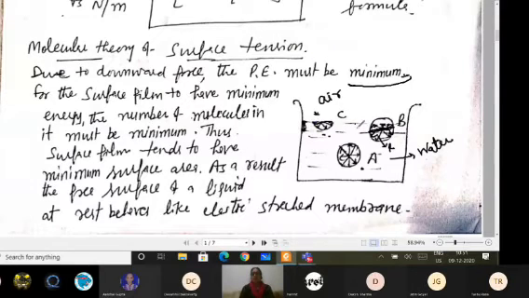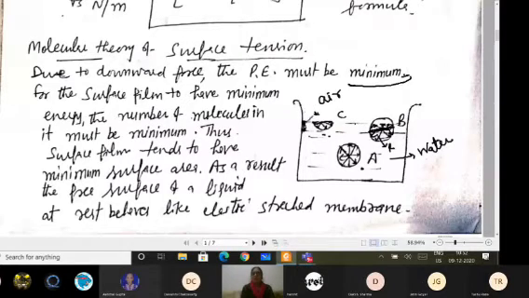And to have fewer molecules on the upper surface, it should have of course minimum area, and when it is minimum area, then of course it behaves like a stretched elastic membrane. So this is why the upper surface is behaving like a stretched elastic membrane.